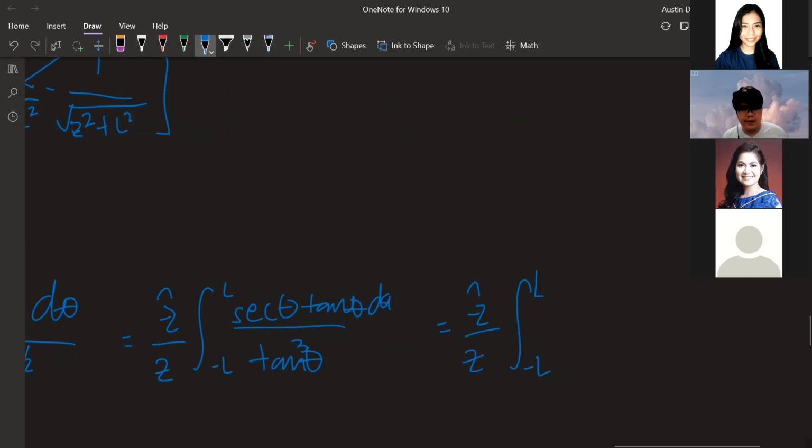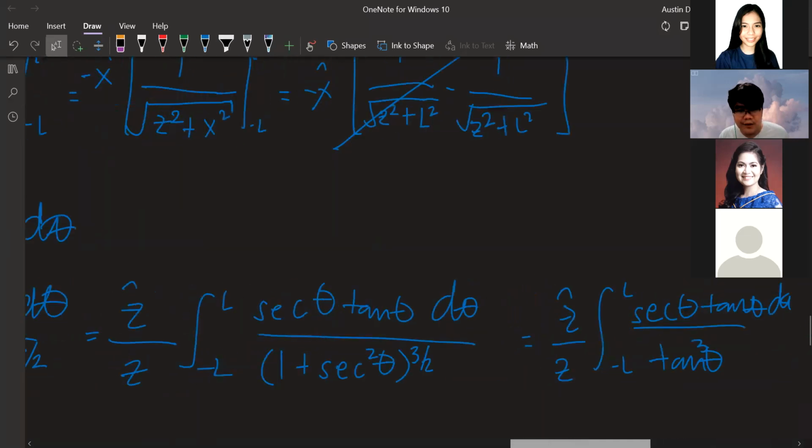I'm left with secant theta over tangent squared. Tama ba yung nagagawa natin? Okay, mahirapan ata tayo.